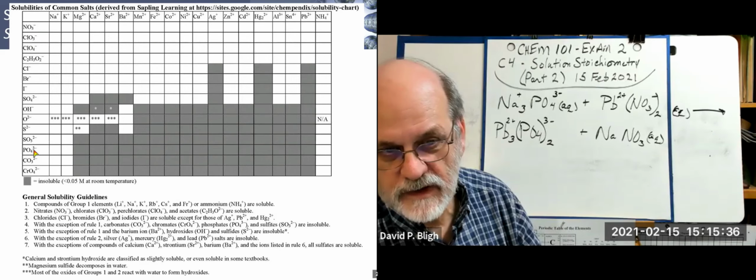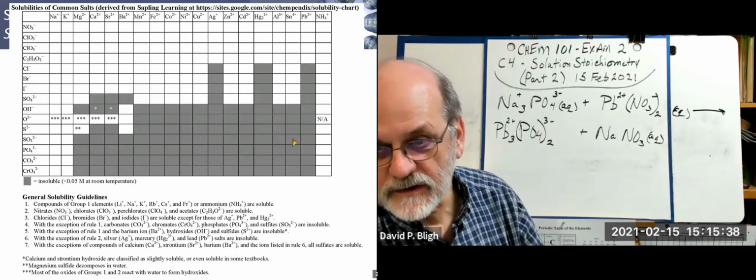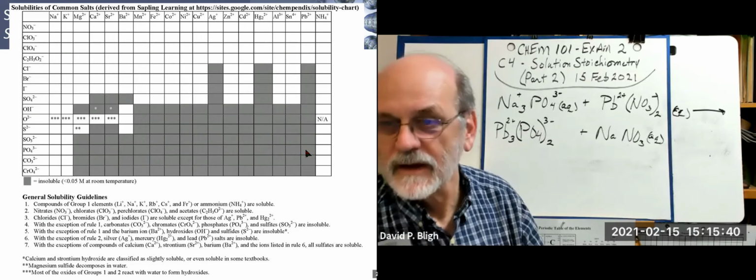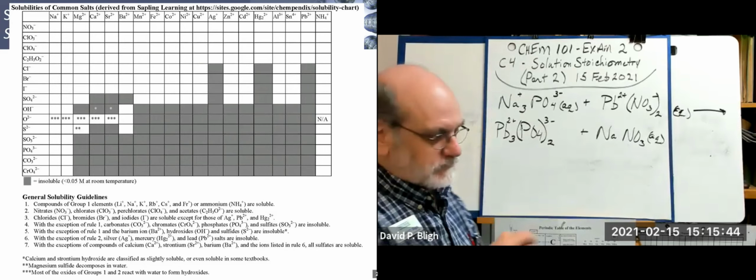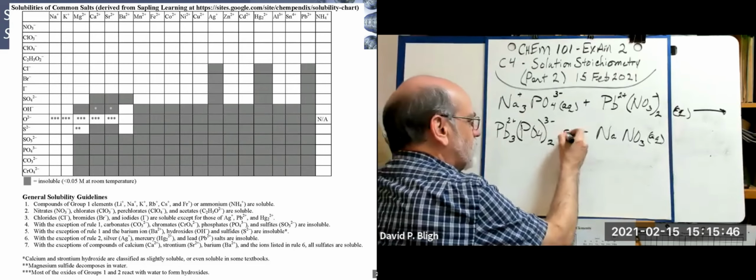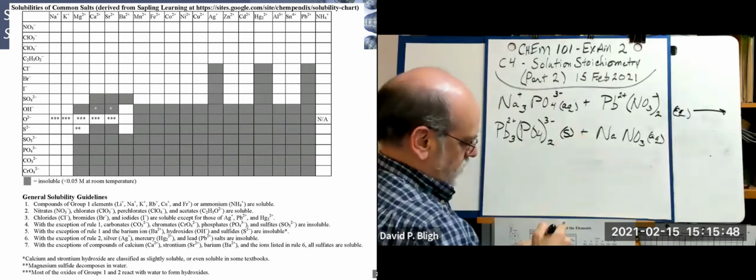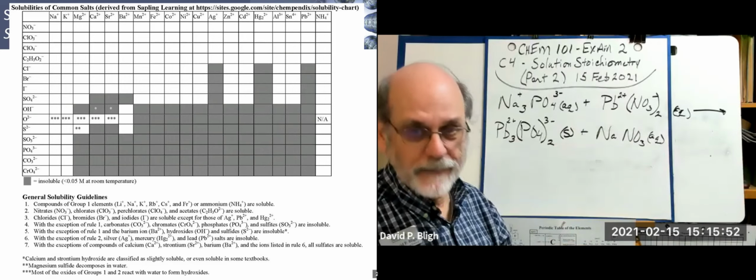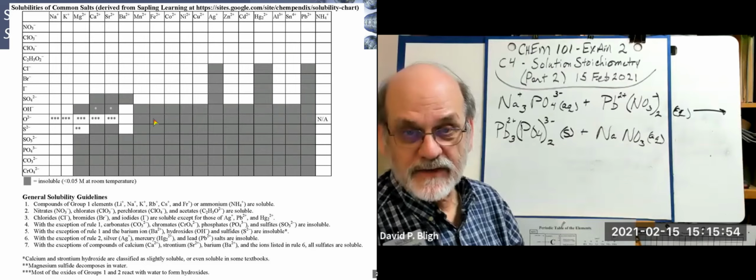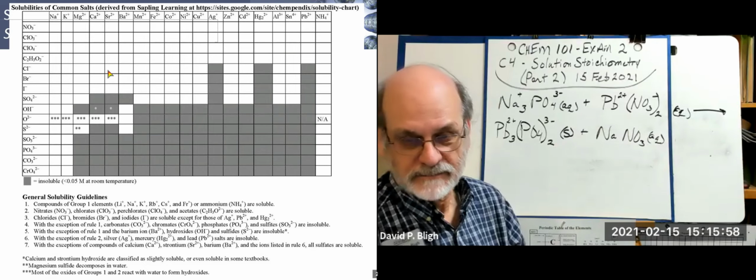See, there's phosphate over here. It meets lead right here. It's gray, insoluble. There's your solid. Okay. Now we need to balance the equation. If you're going to do stoichiometry, you have to balance. You don't have any choice.